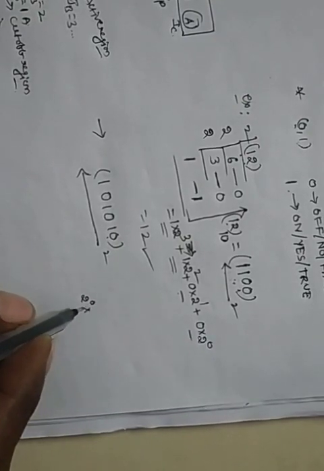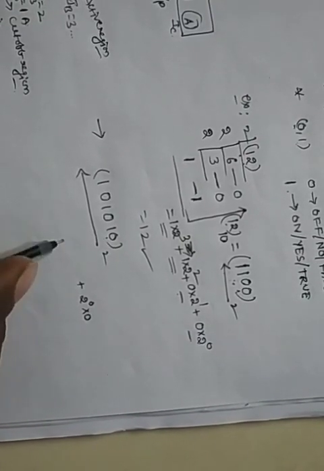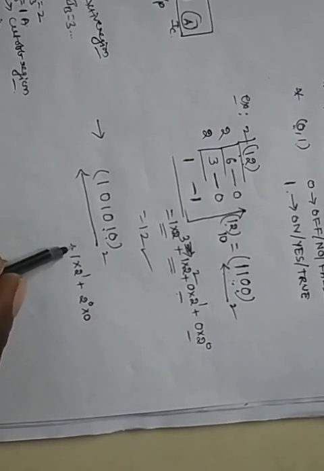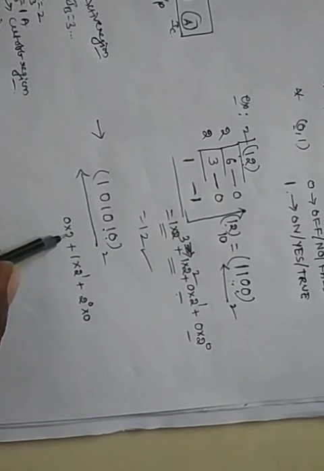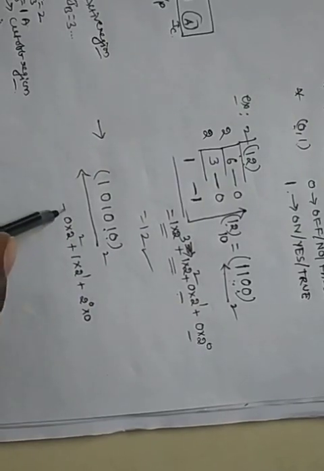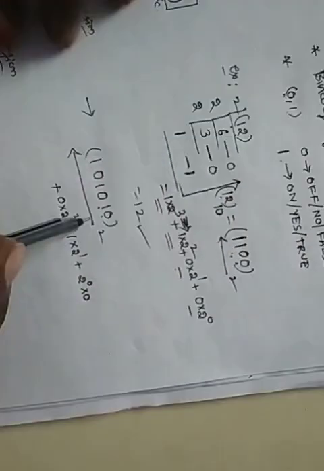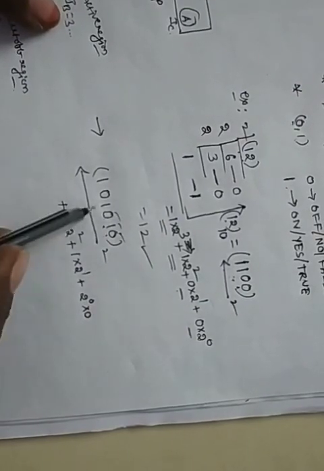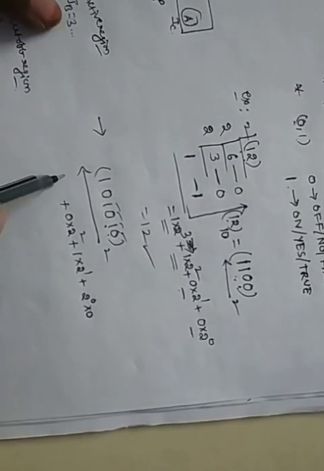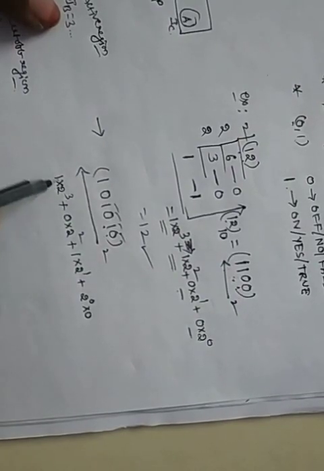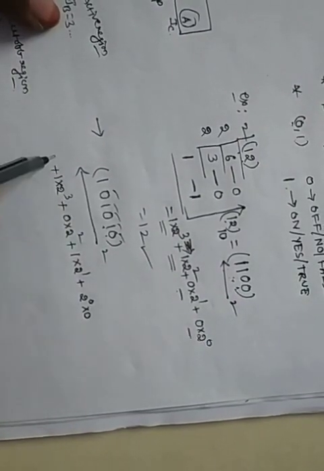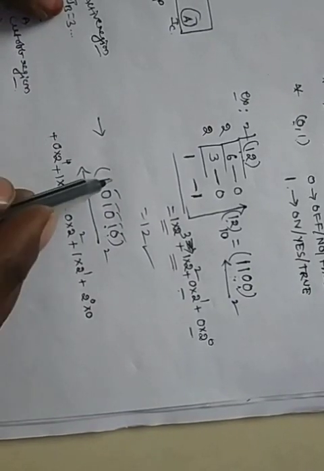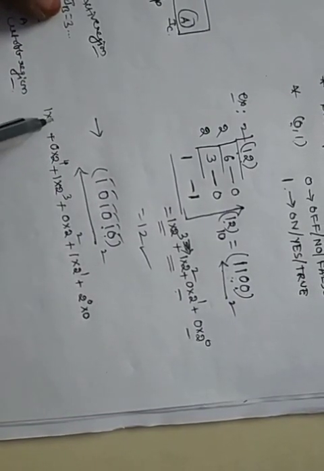2 power 0 multiplied with 0 plus 1 multiplied with 2 power 1 plus 0 multiplied with 2 power 2 plus, this one is completed. Next, 1 multiplied with 2 cube plus 0 multiplied with 2 power 4 plus 1 multiplied with 2 power 5.